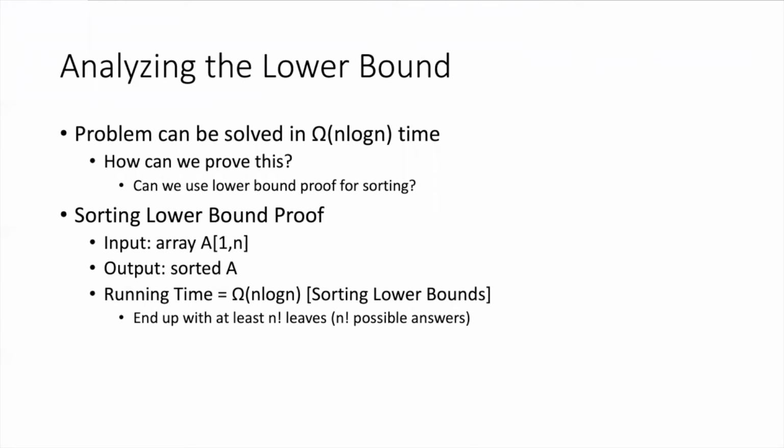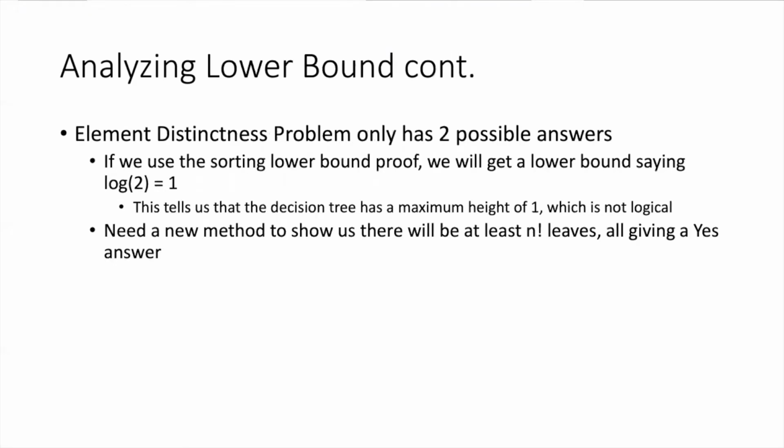If we were to apply this method to the element distinctness problem, the element distinctness problem only has two possible answers. If we use the sorting lower bound proof, which says that the number of leaves is greater than or equal to n factorial, using that strategy will tell us that the height is equal to 1.